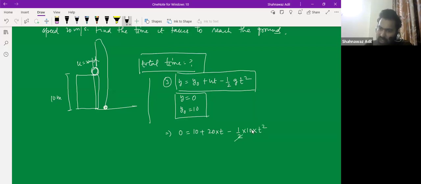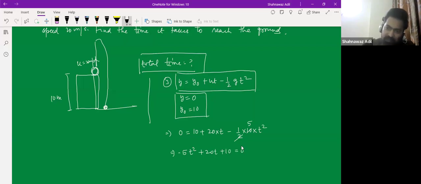So this one will cancel. Right, so how much is this thing? So this is 5t square, and so we get minus 5t square plus 20t plus 10, that is equal to 0.